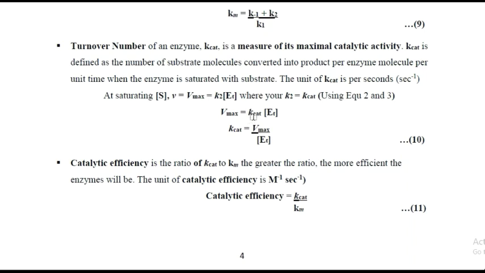Turnover, or the Kcat, remember, is maximum velocity over the total concentration of enzyme used in the reaction. From here, you can see that your catalytic efficiency equals Kcat over Km.